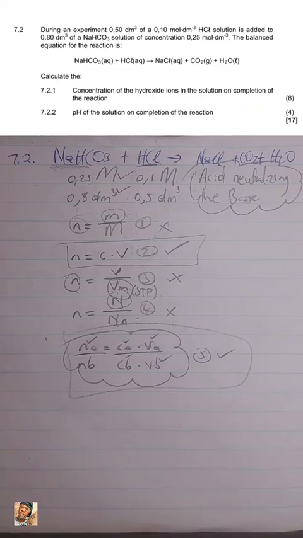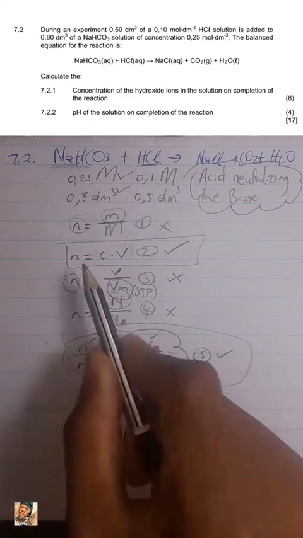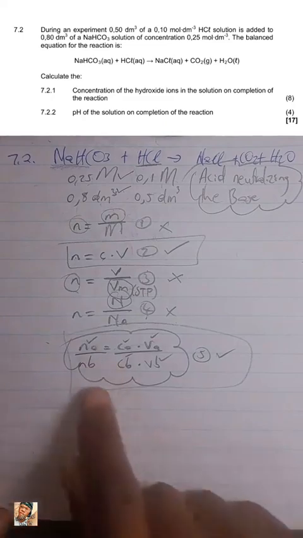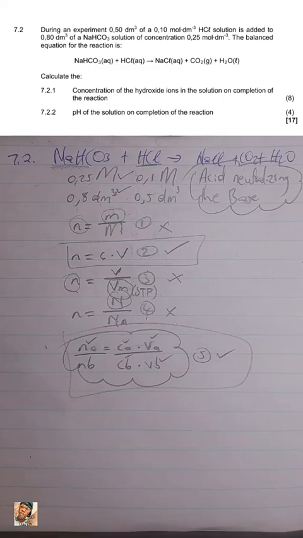Okay, so let us eliminate the ones that are not relevant and keep the ones that are relevant in mind, right? Between the two, which one is going to be convenient for us to utilize, or the simpler one? It is going to be equation number 2. Why? Because it is shorter, and we're going to calculate the number of moles of an acid and a base respectively, meaning separately. We're not going to calculate them at the same time.